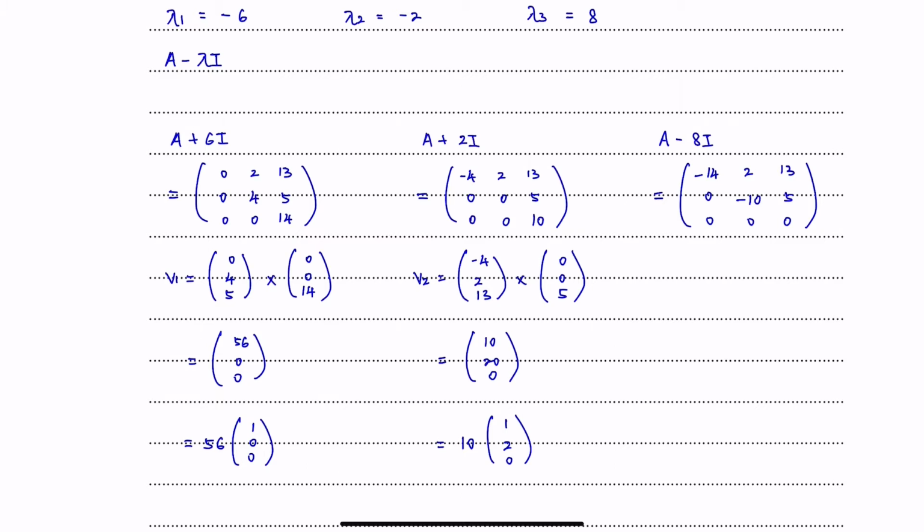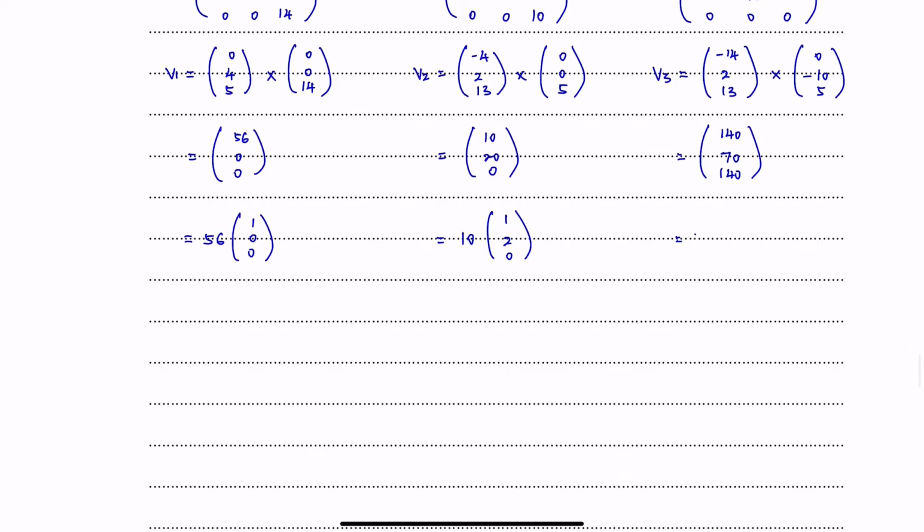Similarly, when you get 0, 0, 0, you cannot really use this to find your eigenvector because all you will get is just 0 and it will not be helpful. So I will take -14, 2, 13 cross with 0, -10, 5. And I will get 140, 70, and 140. Simplify it, I will get 2, 1, 2.